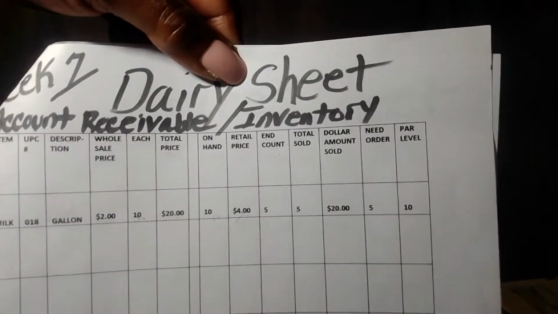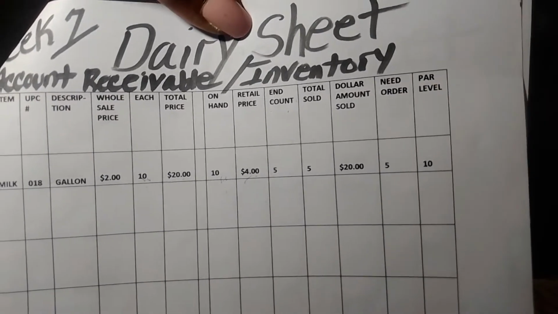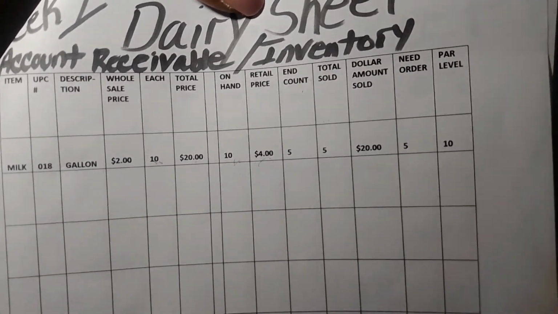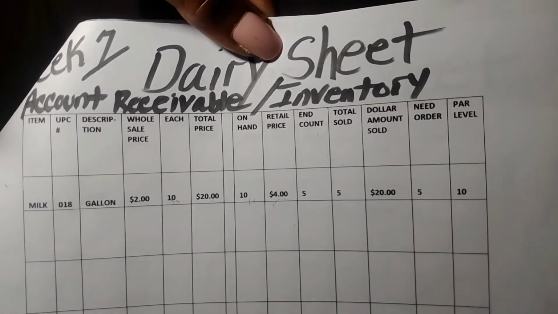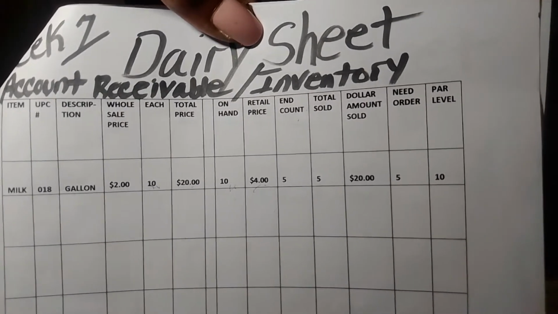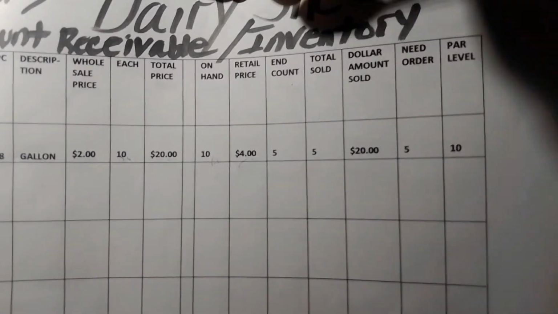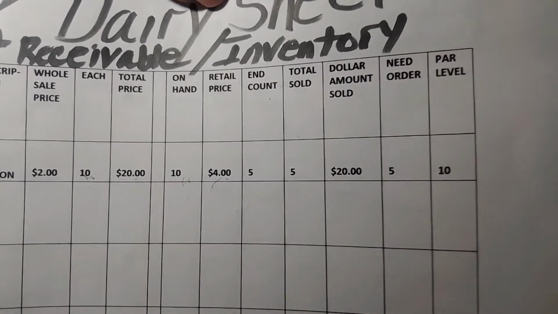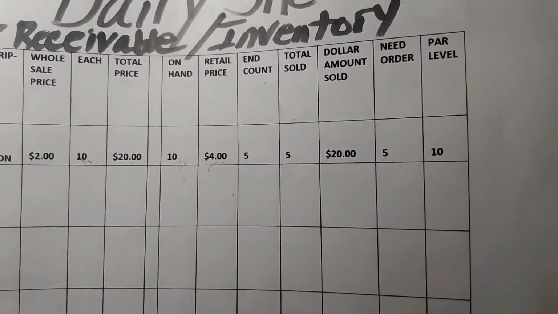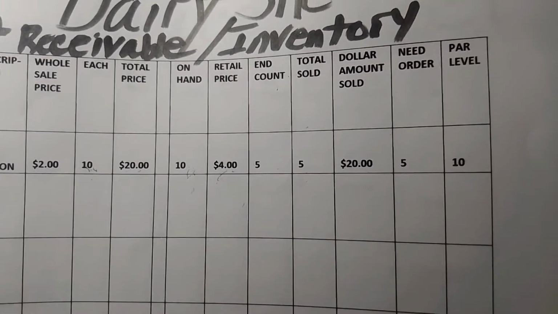At the end of our inventory, this is the dairy sheet, and we have 8 sheets because we have 8 items in our store. When we finished our inventory, it told us how much we had left in the store after we counted, which was 5 milks.